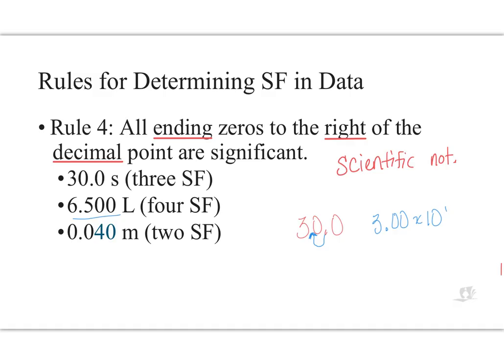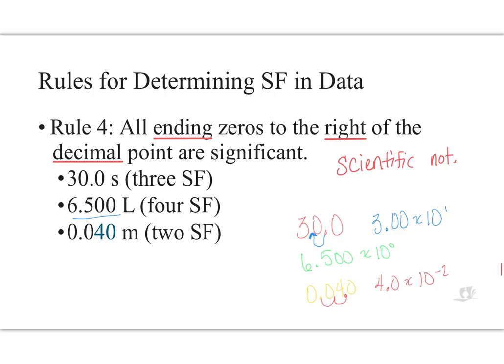This next one, this is actually in scientific notation already. 6.500. If I were to write scientific notation, I would put times 10 to the 0 because I didn't move him at all. Then let's look at this last one, 0.040. If I were to write this in scientific notation, 1, 2, move it over, I would have 4.0 times 10 to the negative 2.